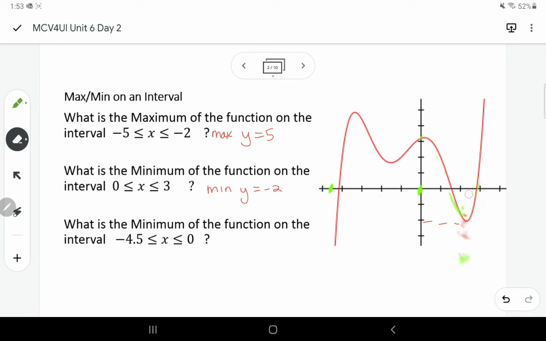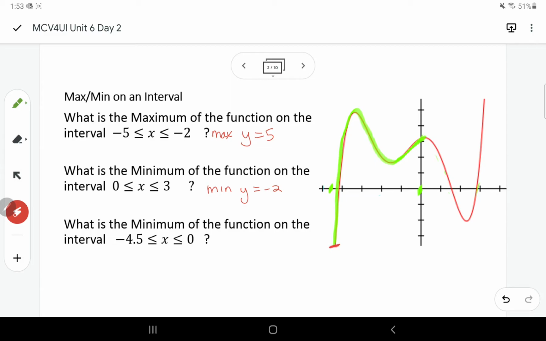So again, I'm just going to erase other highlighting. Now, this minimum doesn't actually happen at a turning point. So the minimum from -4.5 to 0, I've highlighted that. There is a turning point here, and there's a turning point at that part there, and that is like a minimum value. That's what's called a local minimum.